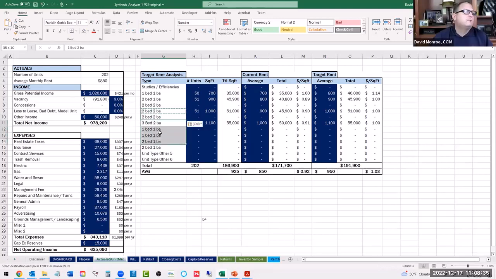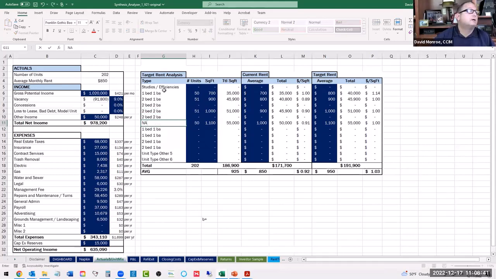Well, the rest of these are not applicable. So I got my 1 2 3, 1 2 3, 1 2 3. So I got them all now. So just to keep it simple, we'll leave it like that. And there's no studios.